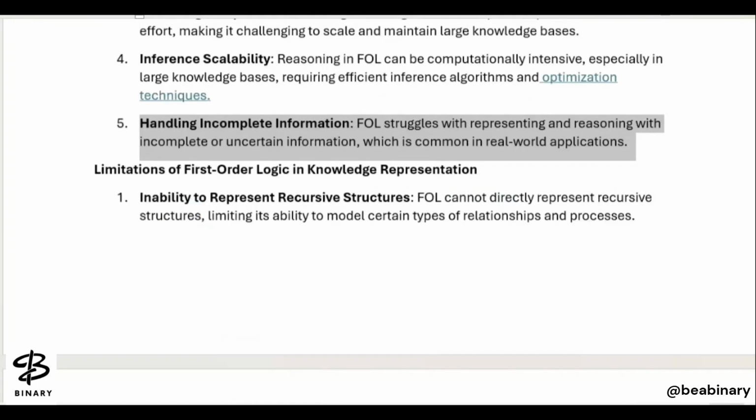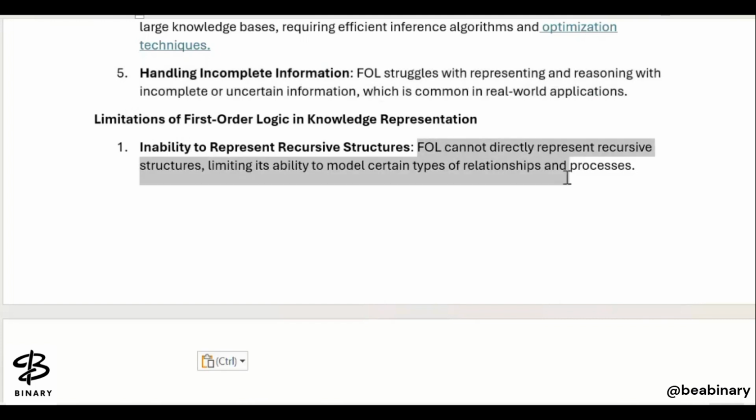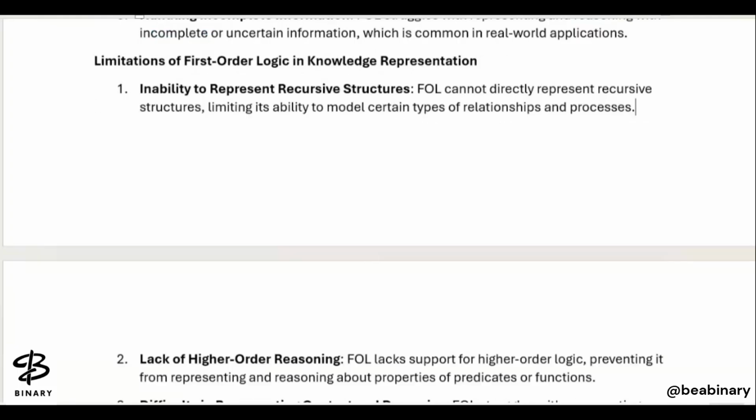The limitation is the inability to represent recursive structures. FOL cannot directly represent recursive structures, limiting its ability to model certain types of relationships and processes. So recursion is not possible here. It's a limitation.